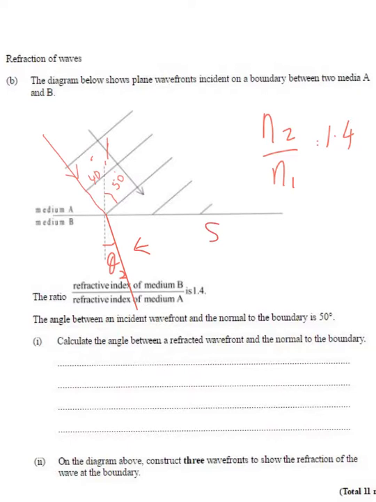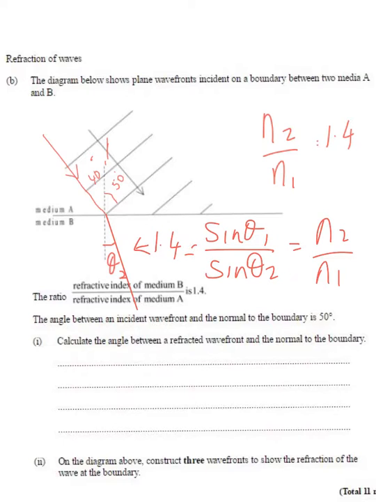We have sine of i over sine theta 2 equals V1 over V2 and equal to N2 over N1. So in effect, sine i over sine theta 2 equals 1.4. How do we know? Because that's the information we've been given in the question.